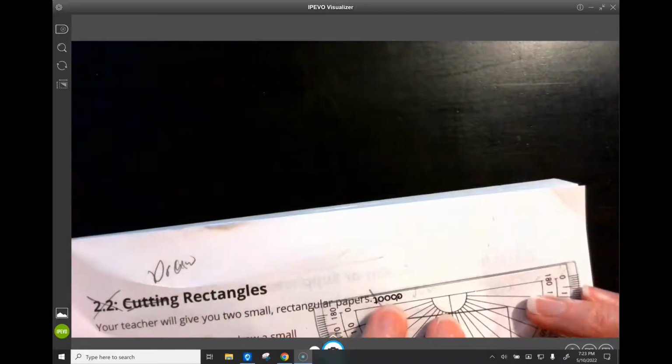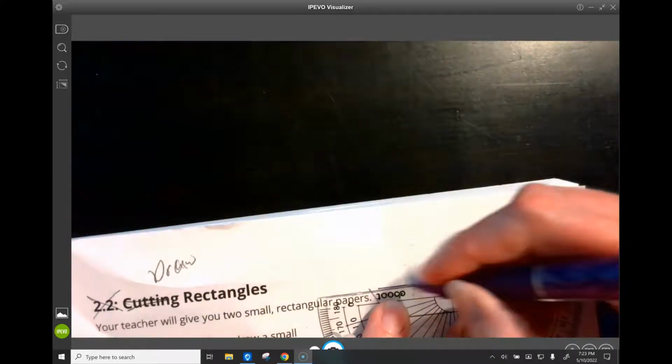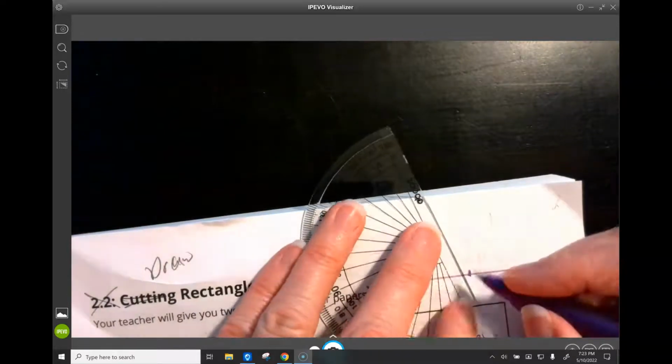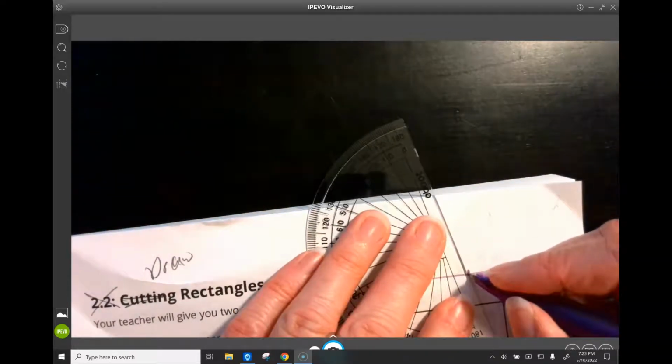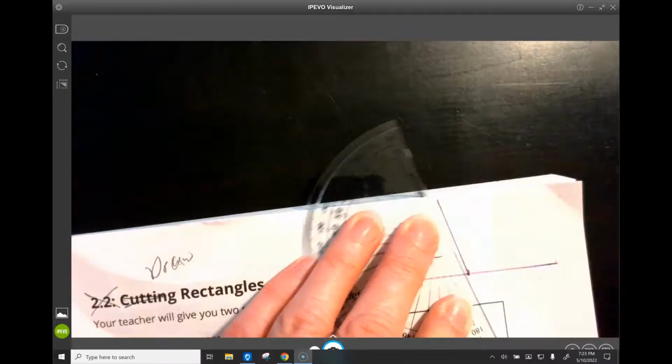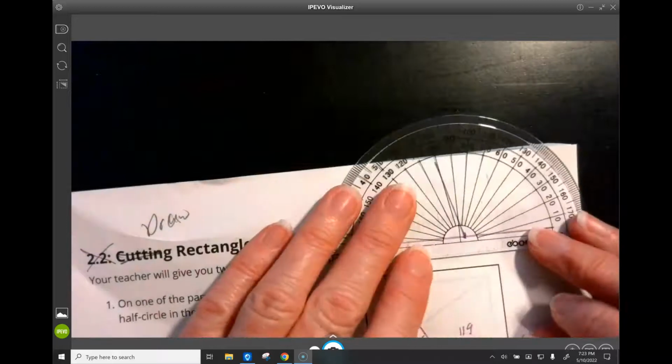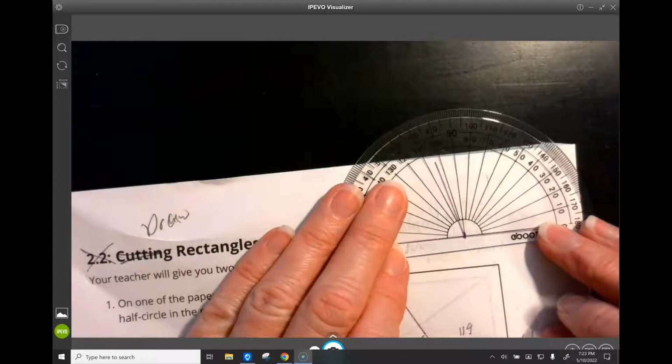Okay, come up here, draw another line. Put a point. And I'm going to draw it almost straight up this time. I'm going to do something like this. I just want to see what happens. Okay, so I'm drawing a different line. Draw it different than we've done before. Measure each of those. Go.